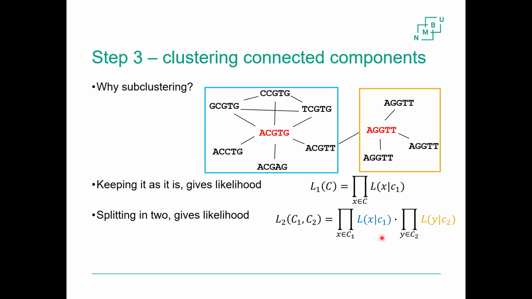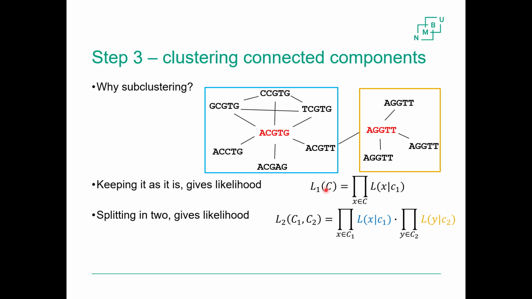So this is the likelihood for the blue group here, and this is for the brown. And none of the likelihoods are very small now, because every member here looks very much like the consensus, and over here also every member looks very much like the consensus. So now both of these become big, and this likelihood becomes much bigger than the previous one.